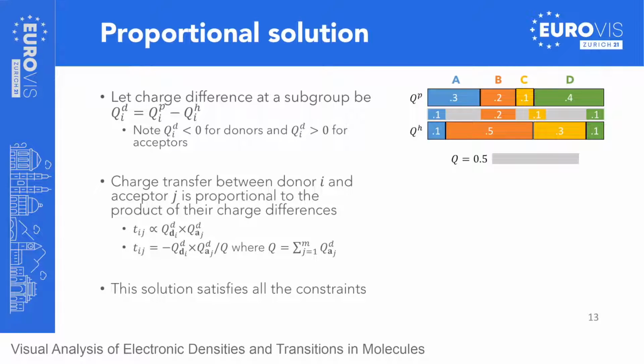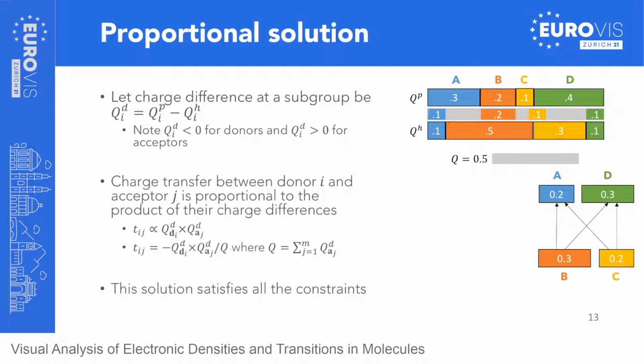First of all, we divide the subgroups into donors and acceptors. We know that group A has 0.2 charge which is unaccounted for, and similarly group D has 0.3 charge which is unaccounted for.